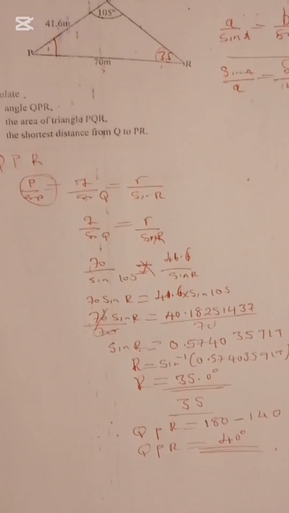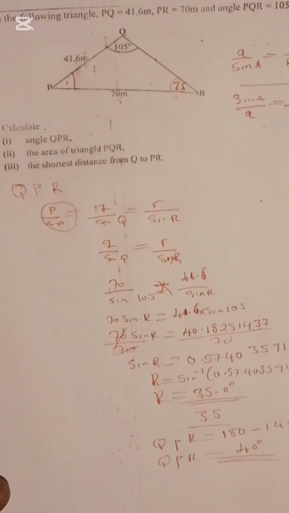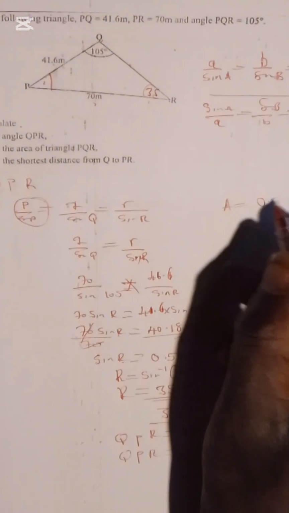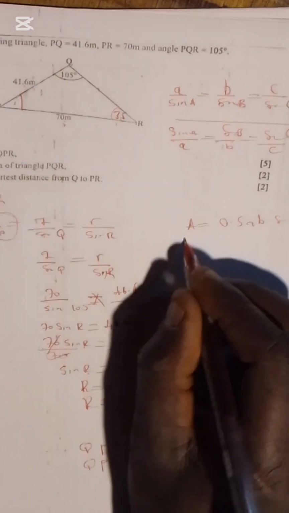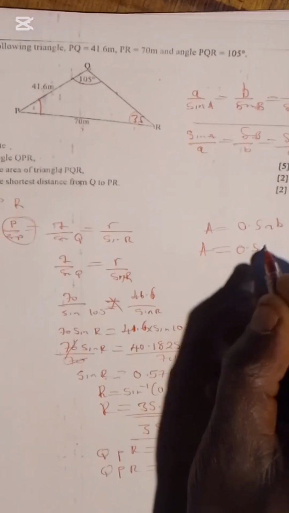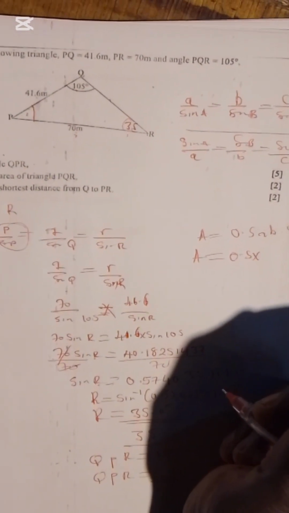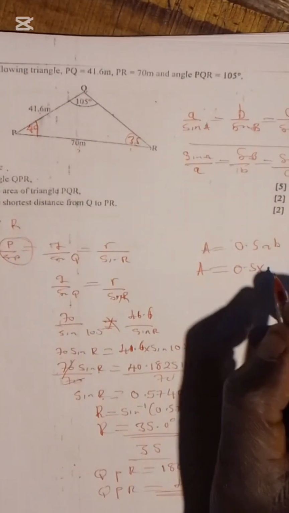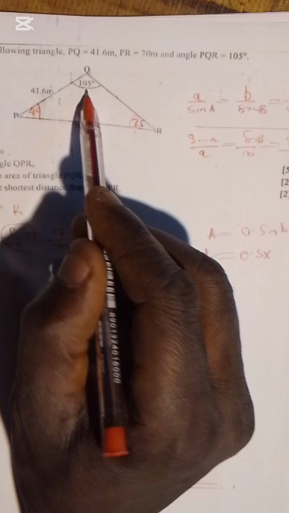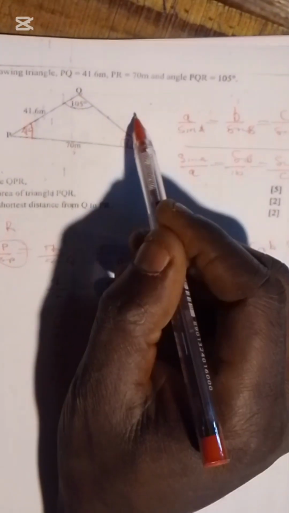In this case, I will not work out area because area is just the same. Anyway, maybe just for the sake of it, area equals 0.5 ab sine theta. So in this case, area equals 0.5 times the two sides. Since we found the angle that is here, which is 40, I can't choose this angle, it doesn't have a side.